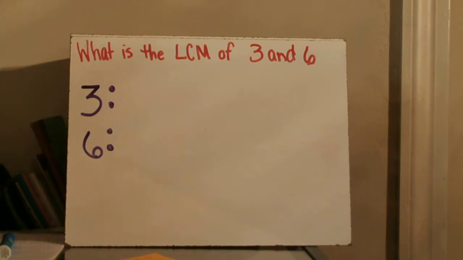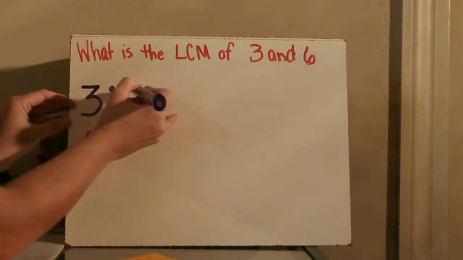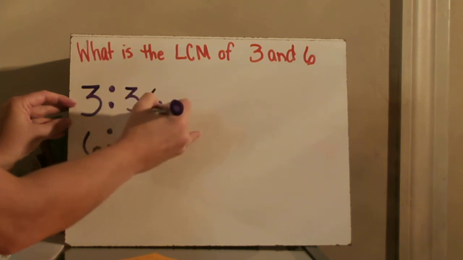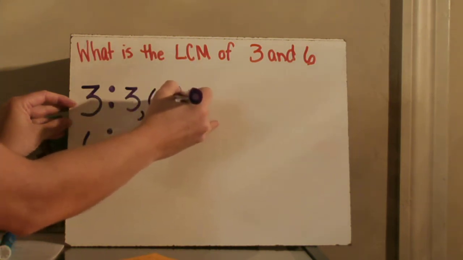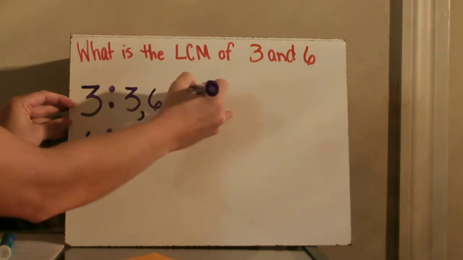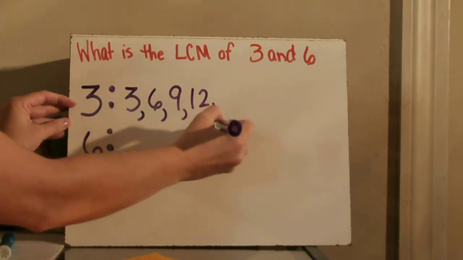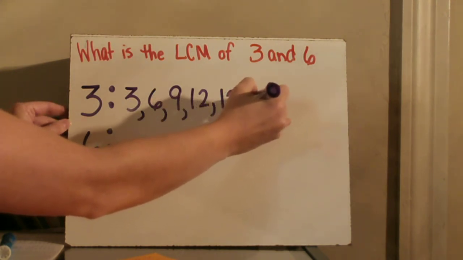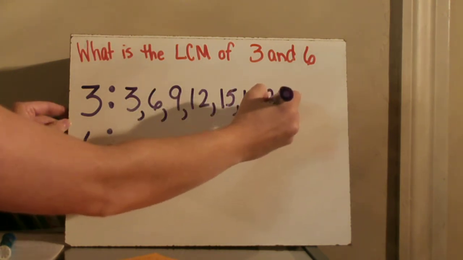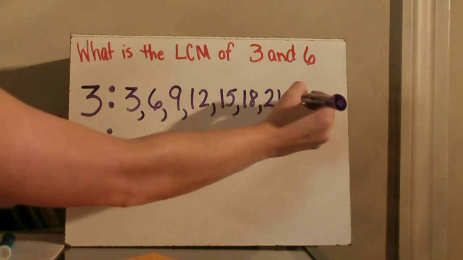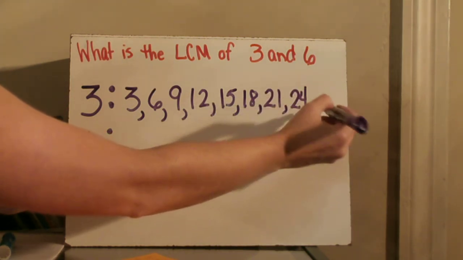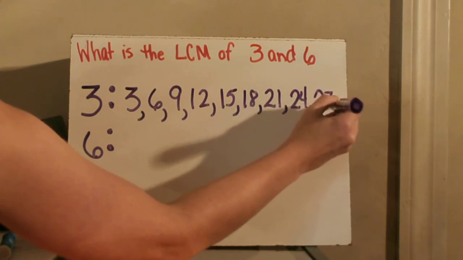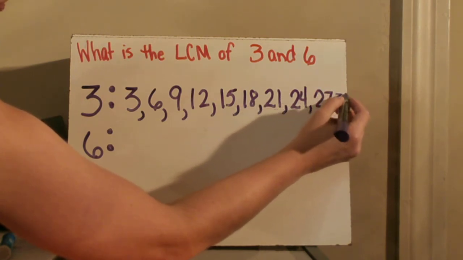In your mind you go, what's 3 times 1? 3. 3 times 2? 6. 3 times 3? 9. 3 times 4? 12. 3 times 5, 15. 3 times 6, 18. 3 times 7, 21. 3 times 8, 24. 3 times 9, 27. And 3 times 10 is 30.